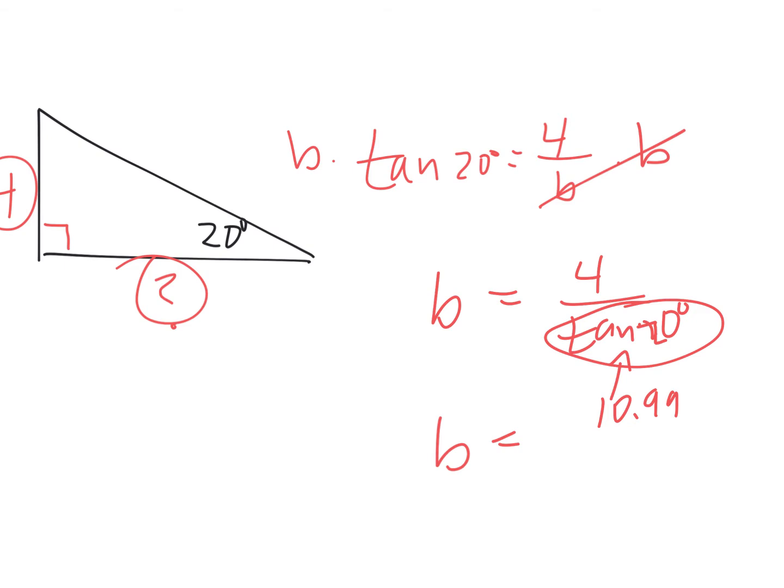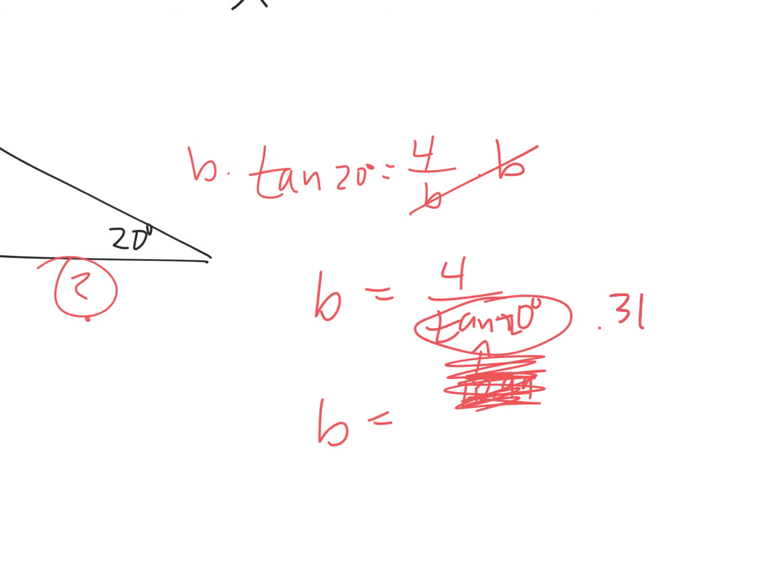Raise your hand if you have the decimal for that. Okay, what is tangent of 20? I guess I should get a calculator out. Tyler? 0.364. And then when you divided 4 divided by 0.364, did you get 10.99? All right. And that probably means if you factor in rounding and stuff, that really would be 11. Raise your hand if you had about 10.99. Okay, good. I think you're getting this.